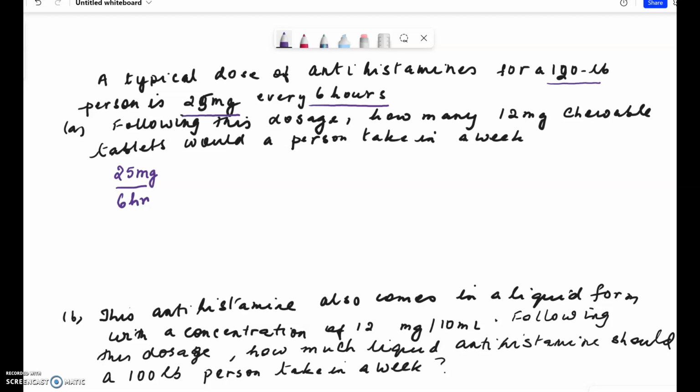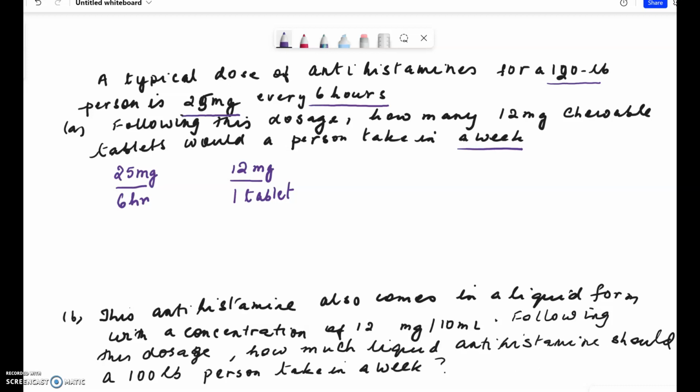Following this dosage, how many 12 mg chewable tablets would a person take in a week? So there is 12 milligrams in every one chewable tablet, so per one tablet.